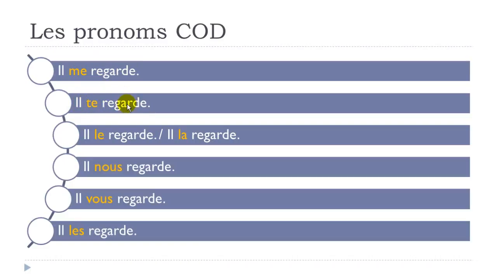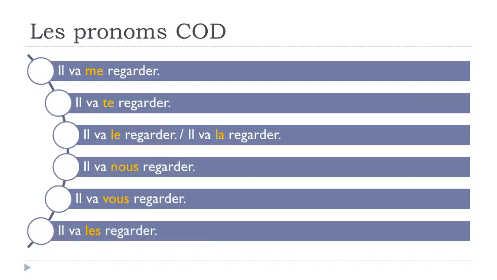Il le regarde. Il la regarde. He's looking at him, he's looking at her. Il nous regarde. Il vous regarde. Il les regarde. It's not that difficult when you try to remember. First of course the pronouns, and then this idea that it will come before the verb. Honestly, it's not that tricky.